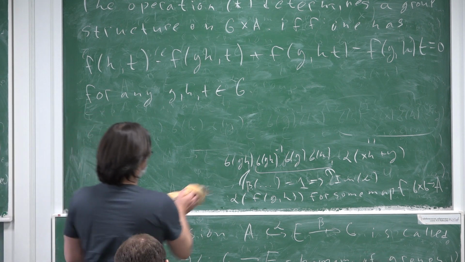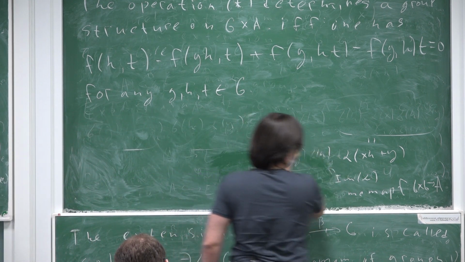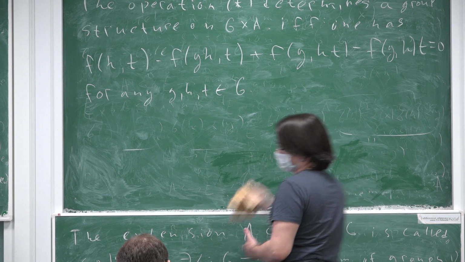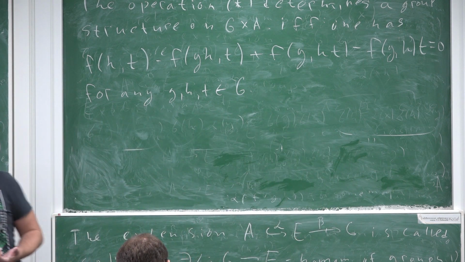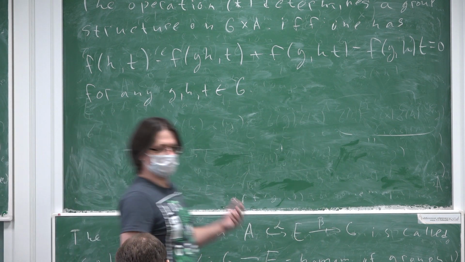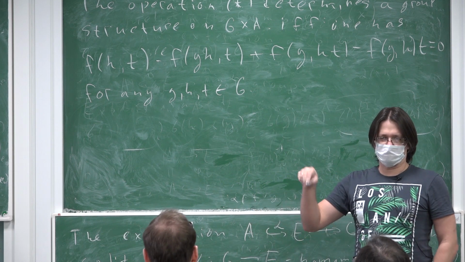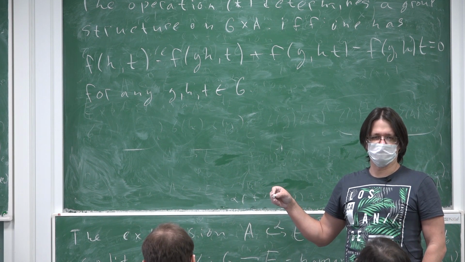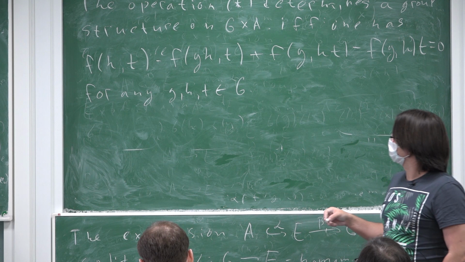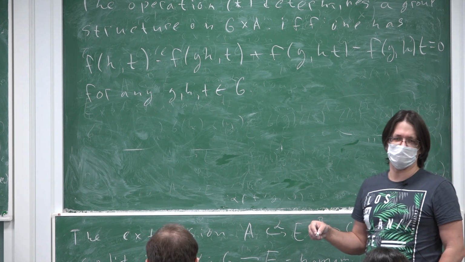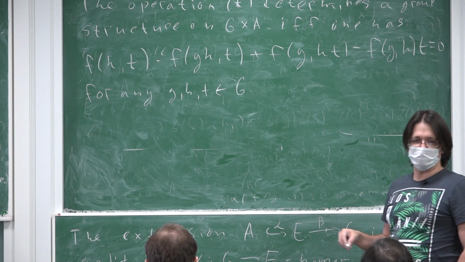Well, in fact, if you have a map from G times G to A, then you have an induced map from ZG tensor ZG to A, and even a Z-linear map.